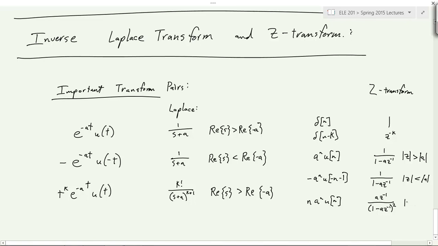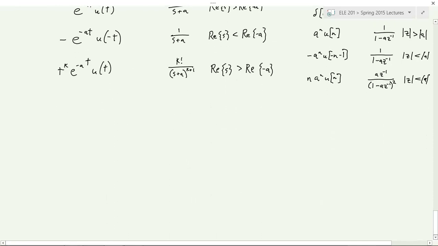All right. So with this set of Z transform pairs, we're prepared to do the inverse of any rational Laplace or Z transform. The method is the following, and we'll practice it next time because we're out of time. The method is partial fraction expansion.